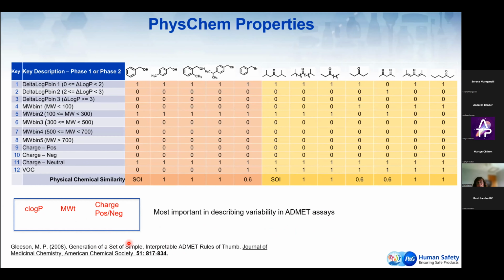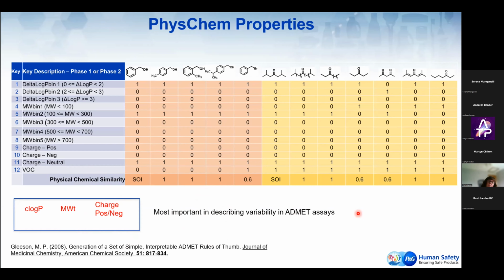And we also added volatility, because we know volatility is important. So whether or not the compound could be defined as a volatile organic carbon-containing molecule, so a VOC. Again, we did the same thing. You have the fingerprint, and we did use the Tanimoto comparison of those fingerprints to get a physicochemical similarity score.